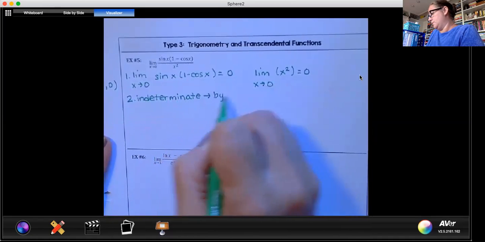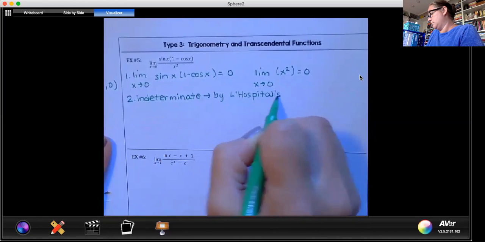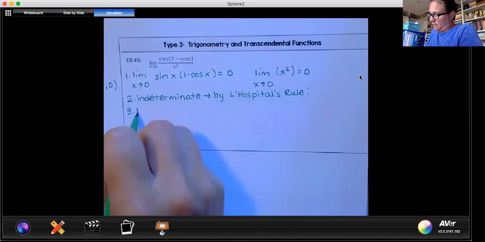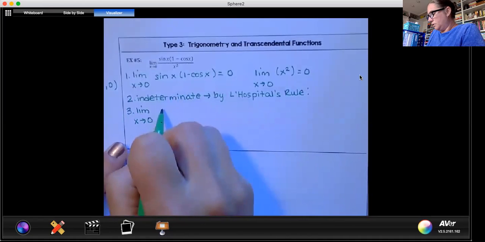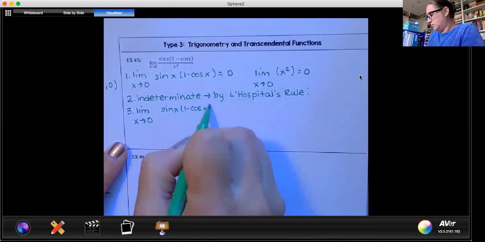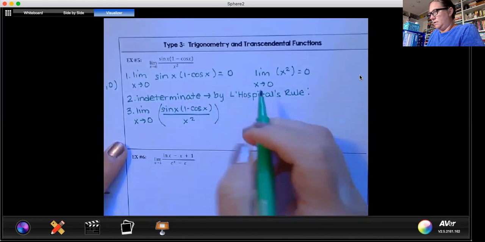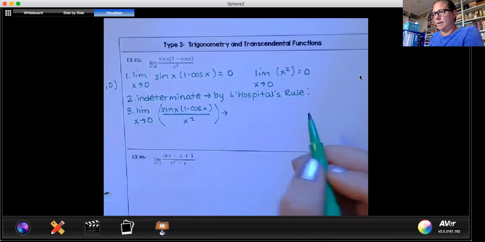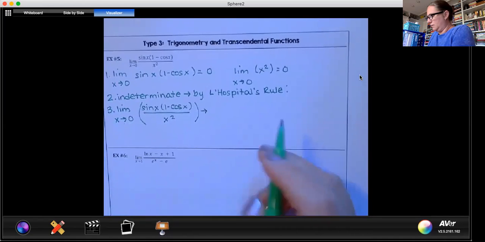So by L'Hopital's rule, limit as x approaches 0 of our function, derivative of the top and of the bottom, but we are going to split this up into trig limits instead of doing the derivative of the top and of the bottom. And I'm going to show you what that looks like.